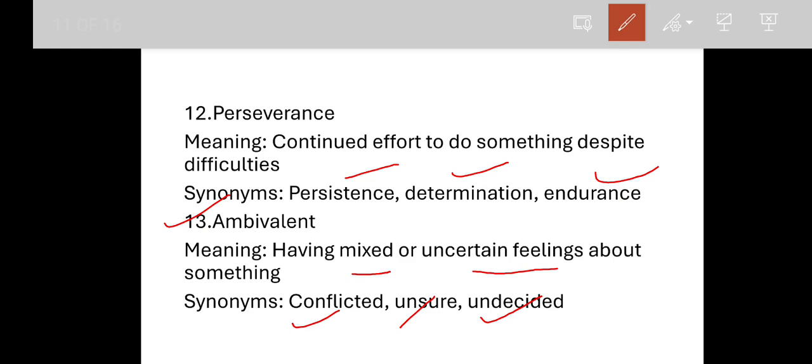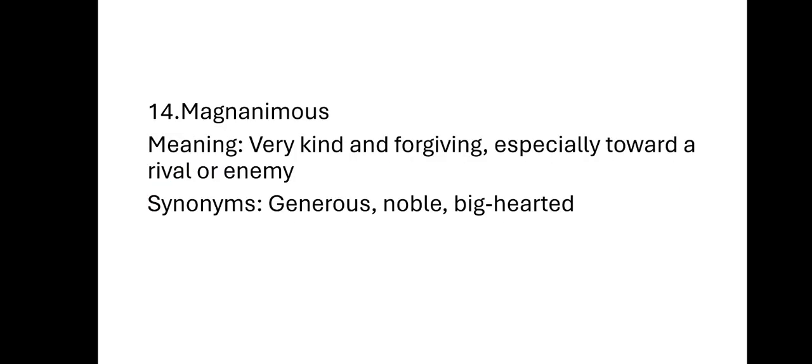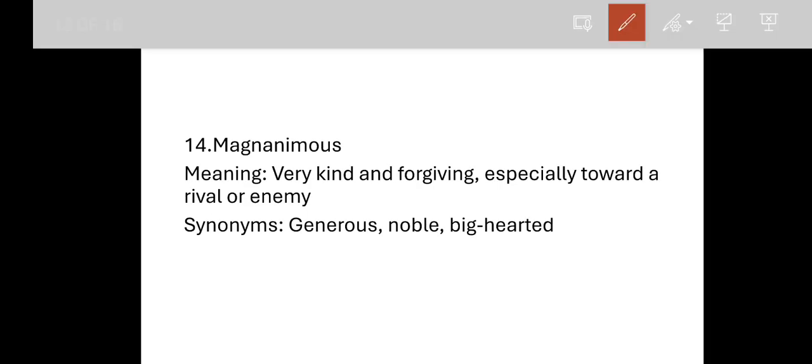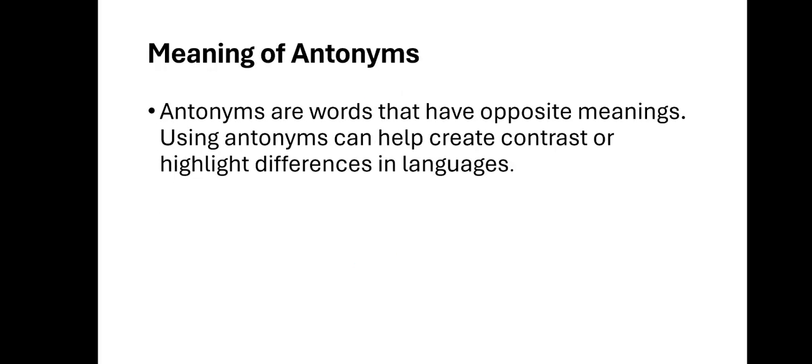So these words are easy: unsure, undecided, conflicted. Okay, now the last word is magnanimous. It means generous, noble or big-hearted. Okay, so that was synonyms, examples of synonyms and meanings.